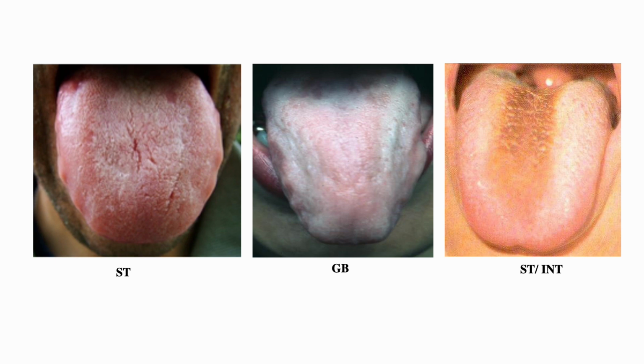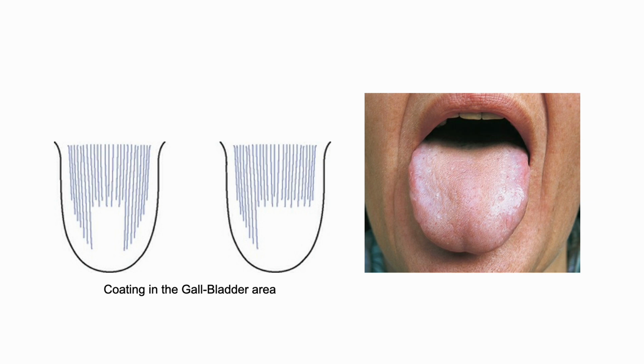A thick coating in the center reflects the presence of a pathogenic factor in the stomach, which may be cold, heat, dampness, or phlegm, depending on the color and consistency of the coating, whereas a thick coating on the root reflects the presence of a pathogenic factor in the bladder or intestines. A pathogenic factor in the gallbladder may be manifested in a variety of ways.